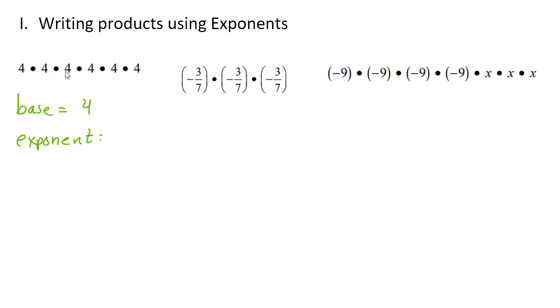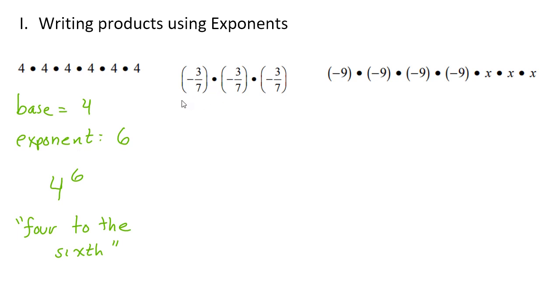So 1, 2, 3, 4, 5, 6 times. So once I have the base and the exponent, then that means that I can rewrite this product as the base 4 being repeated 6 times. So this would be 4 to the 6th. You don't have to worry about writing the name or anything like that. This is just for your own knowledge. So those are the two things that I need to do. Identify the base and identify the exponent.